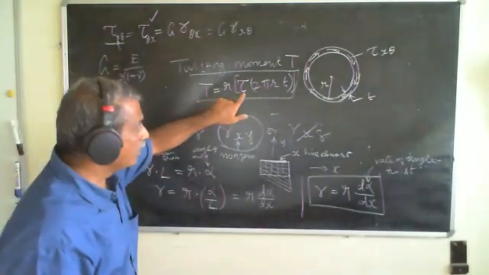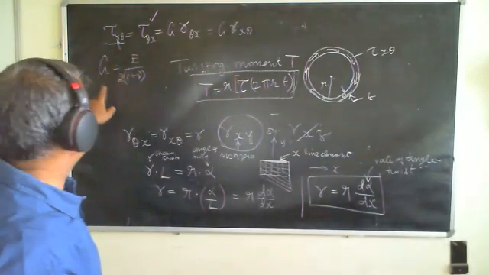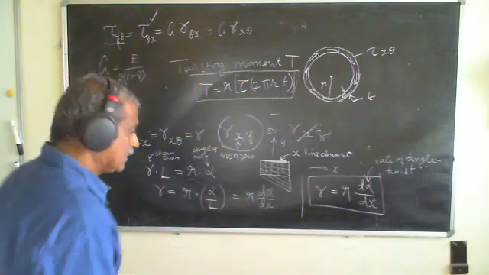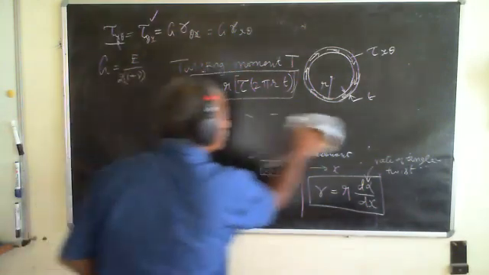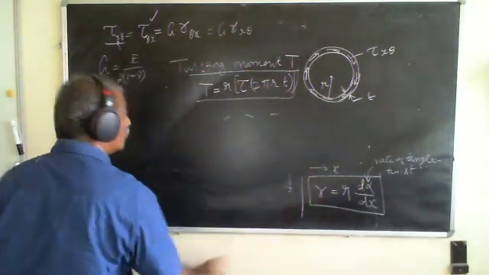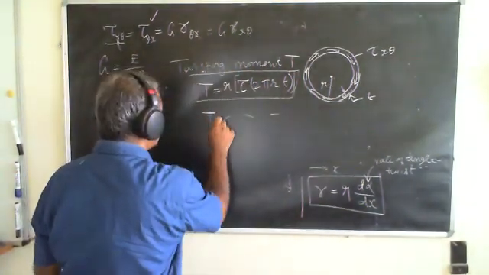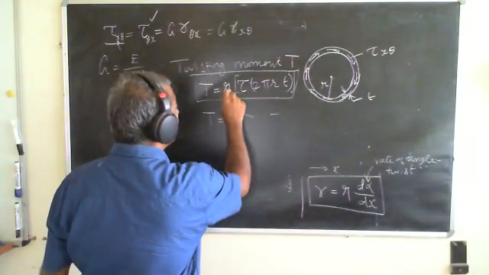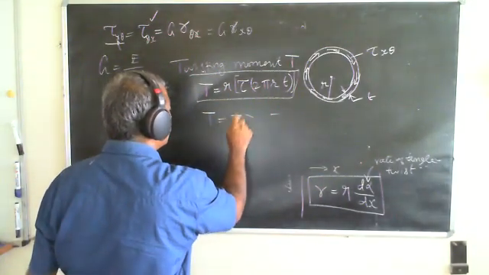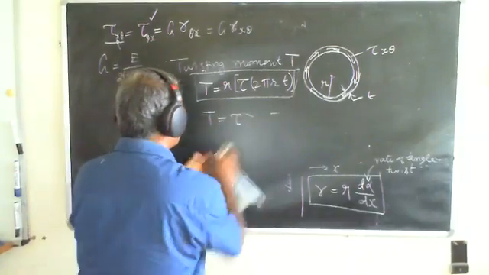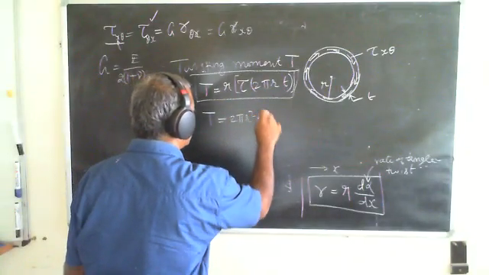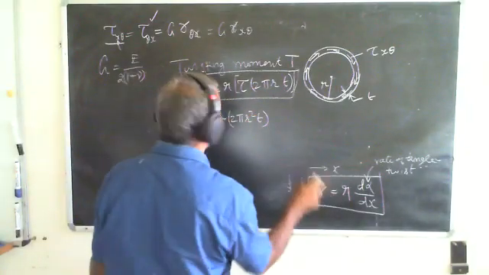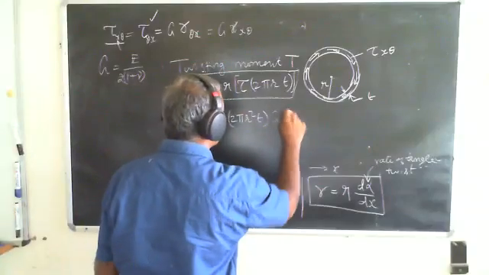Now I have a tau here, but tau is given by G times gamma. So let's substitute and see what I get. So I can now write this to be 2 pi r squared t times tau, which is G times gamma.